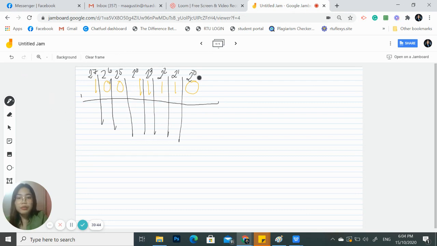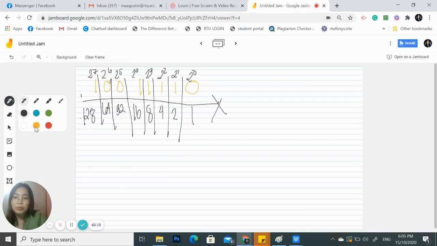So, the value of the following will be 1, 2, 4, 8, 16, 32, 64, and 64 plus 64 is 128. Okay, we have 128. So, what are we going to do? Definitely, we need to multiply the following.